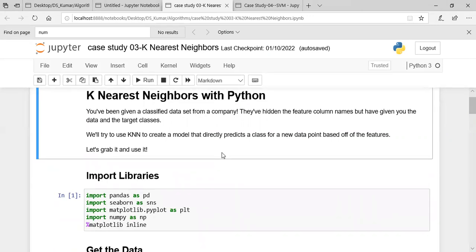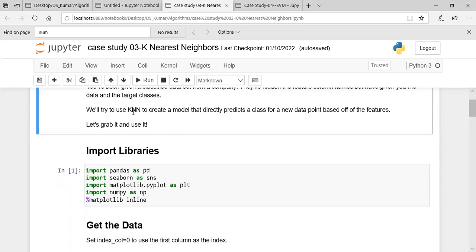Maybe if I do not have a complete understanding of what exactly the features are, based on the numbers generated by our model and the metrics, we should be able to infer the data. That is also one of the important things. So we have some classified data from a company, and they are not ready to reveal the appropriate information related to that data. Now what we are doing is applying KNN.